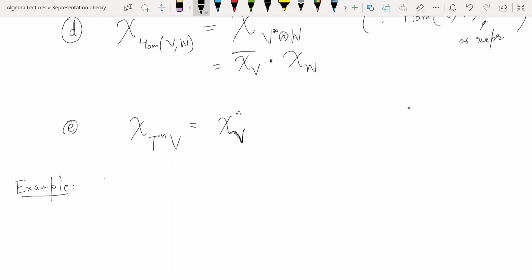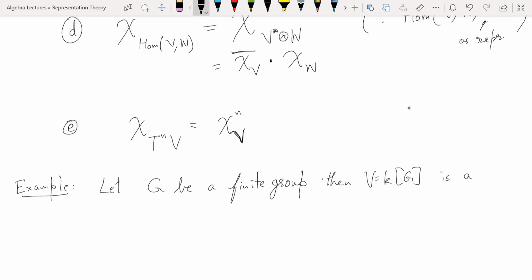So let G be a finite group. Then V equals kG is the regular representation.